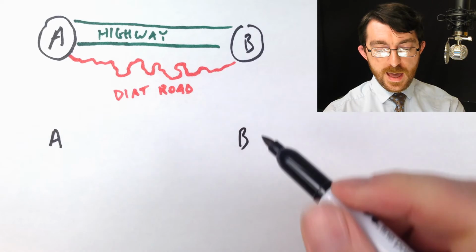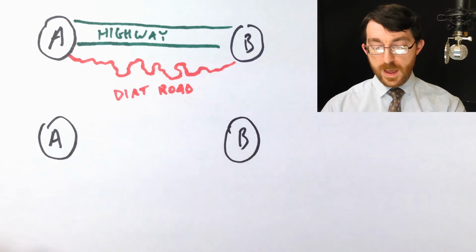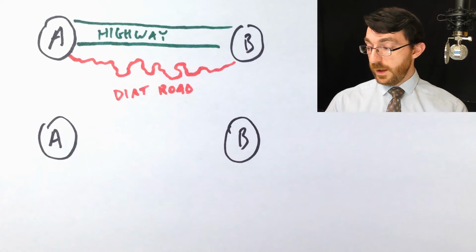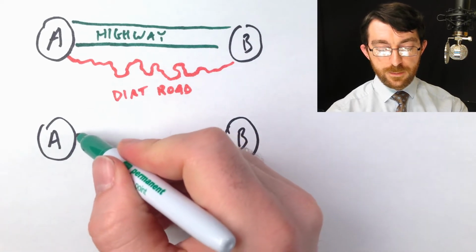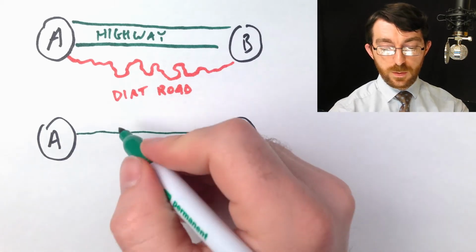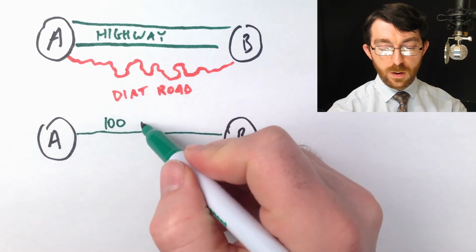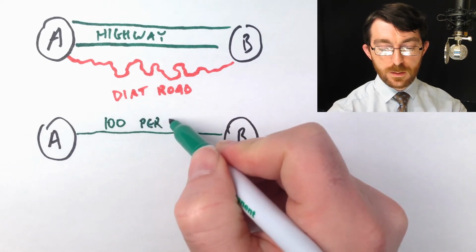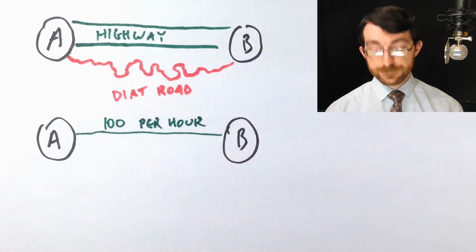A and B. And we're going to do it like this. The green path is capable of transporting 100 cars per hour.